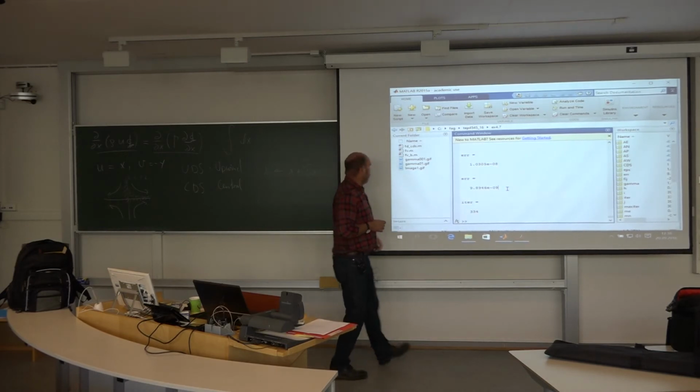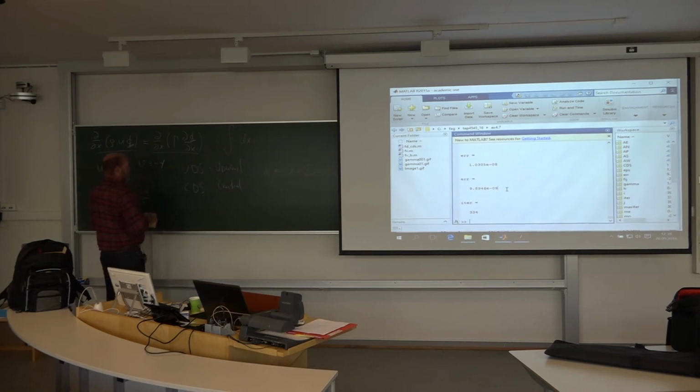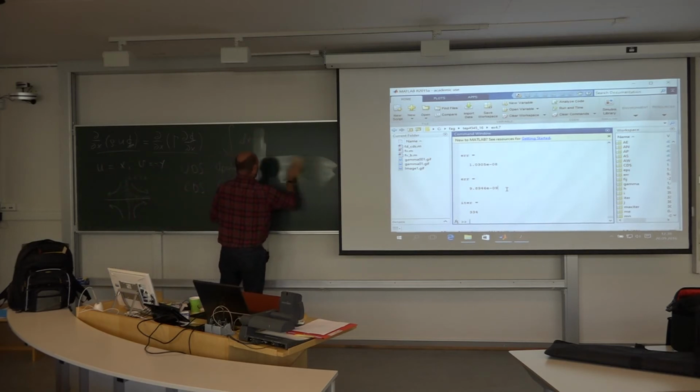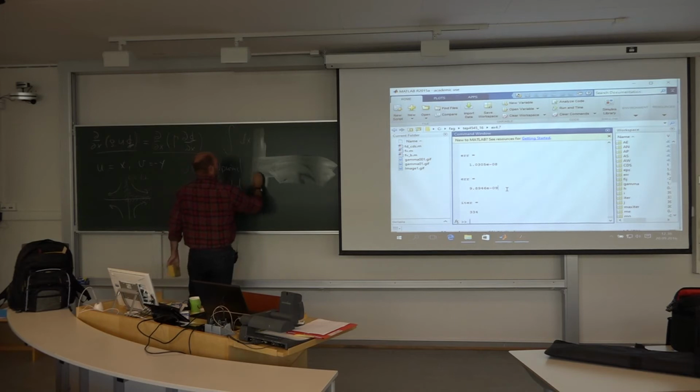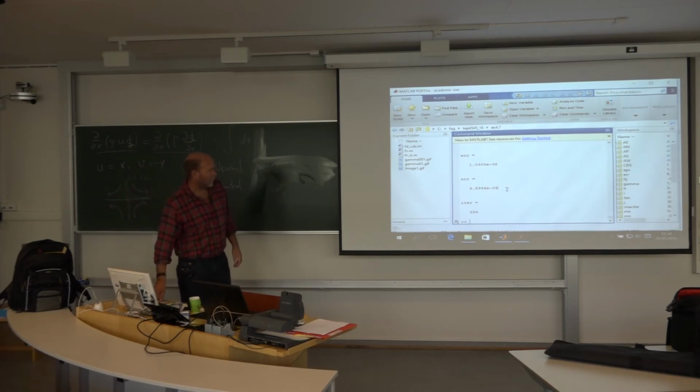Remember, it's a little stupid to solve everything down to machine accuracy, because when you do the discretization, the upwind scheme here, that was order delta x. The central, that is order delta x square. So you will always have an error anyway. So no point actually to solve it all the way down to machine accuracy, but never mind, I've done it.